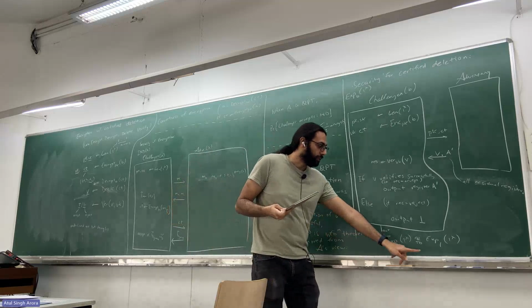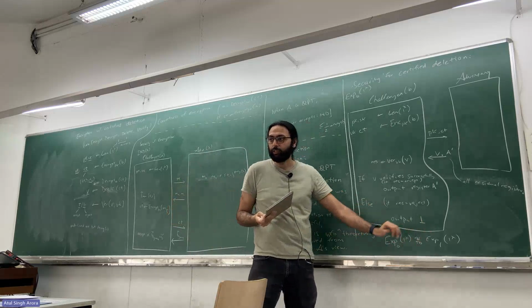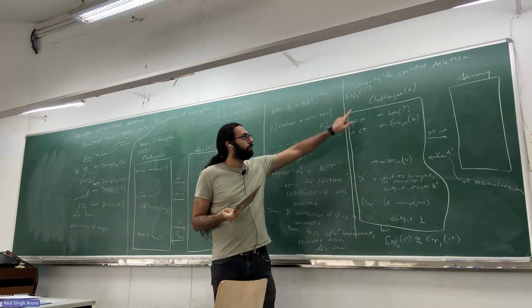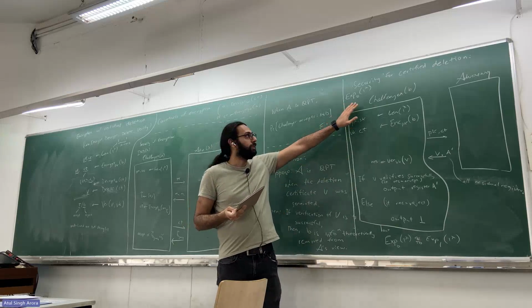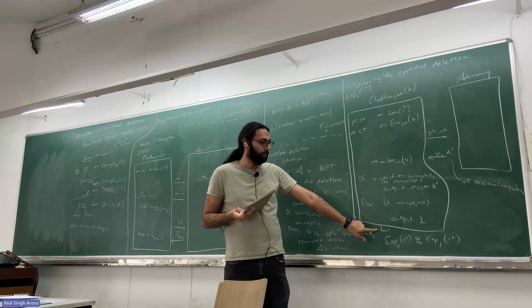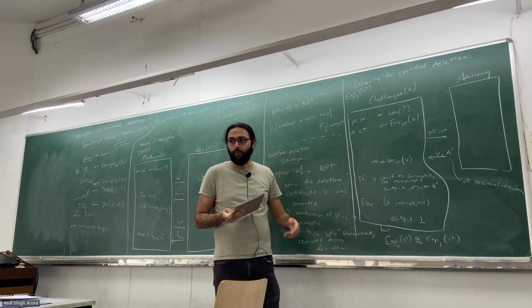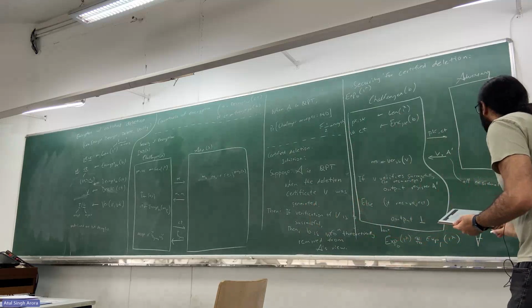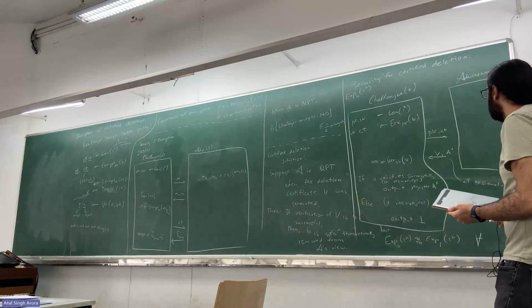TD is trace distance, and approximately means that they're negligibly close. X is this experiment: you run this interaction with whichever adversary you want, and you get some output.